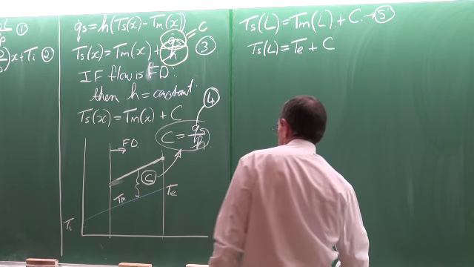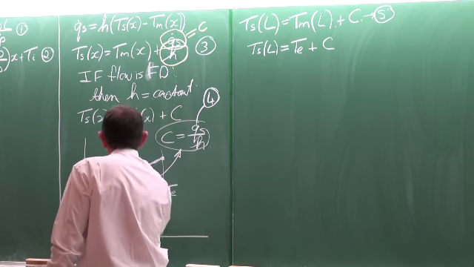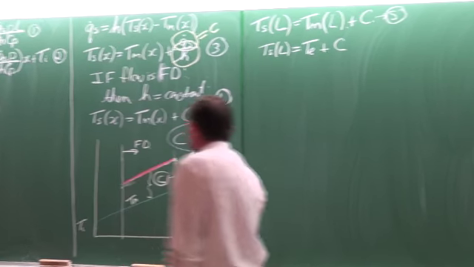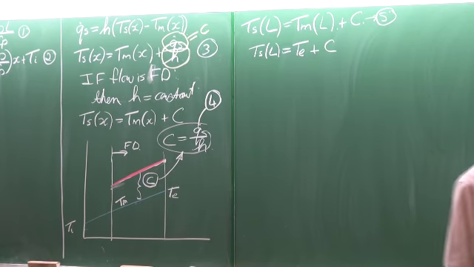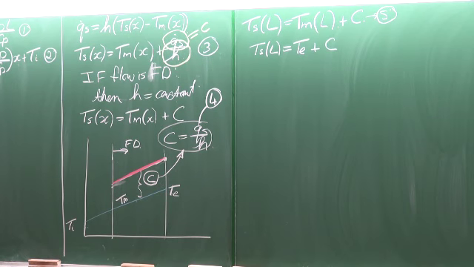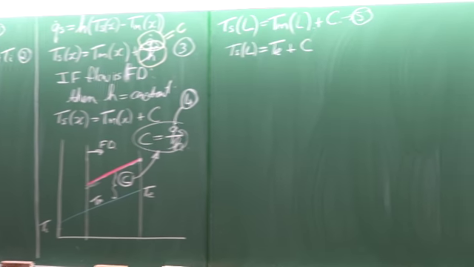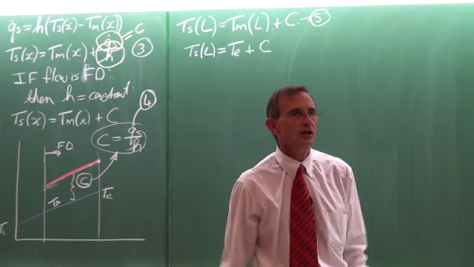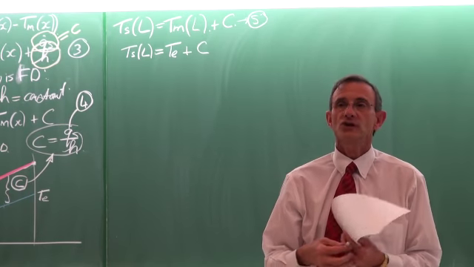And I forgot, I asked you yesterday if you've got a red pen and a blue pen, so it would be even better to show that in red, to show that is the hot side, the surface temperature, and that would be the fluid temperature on the inside.